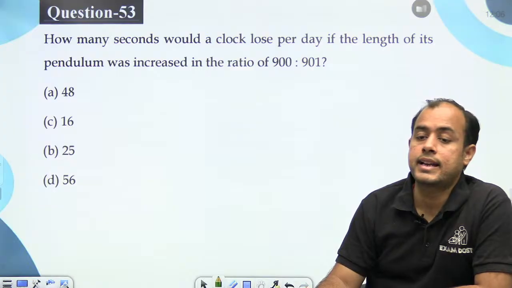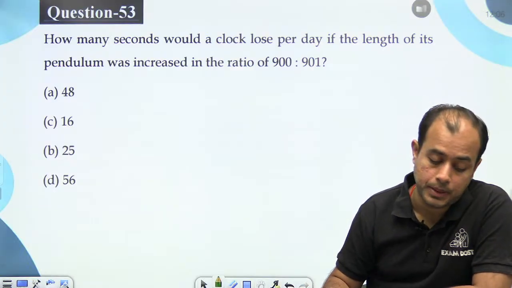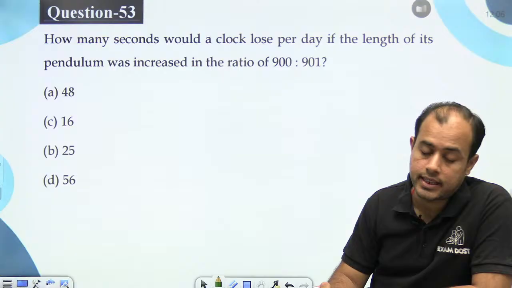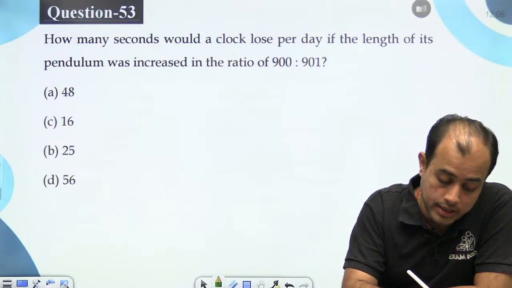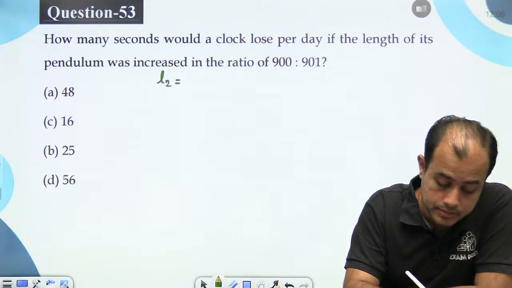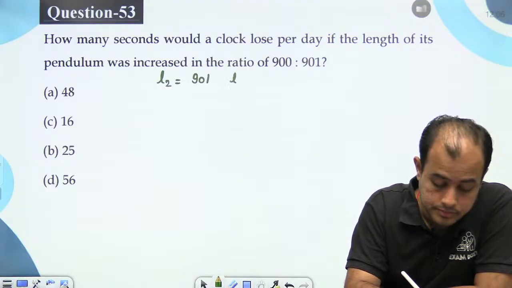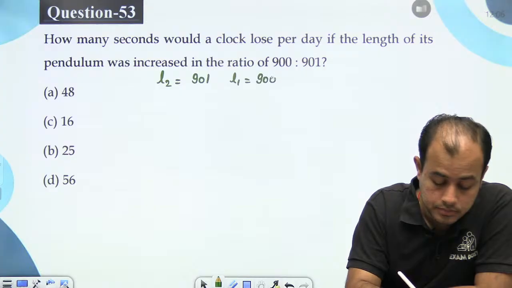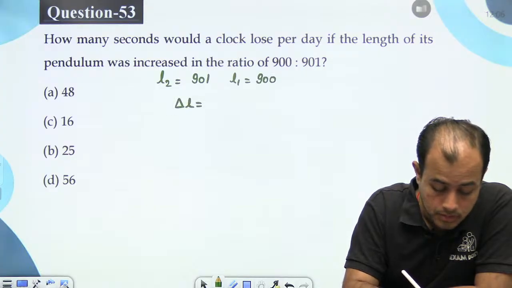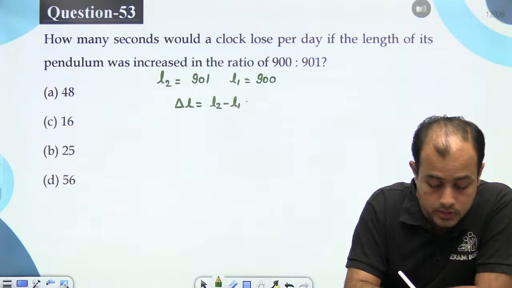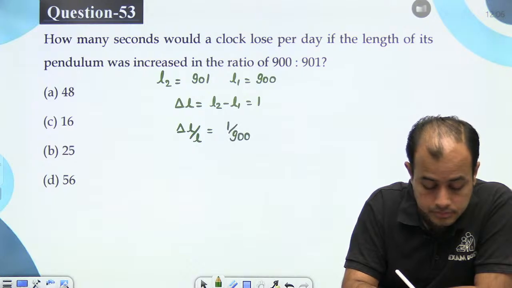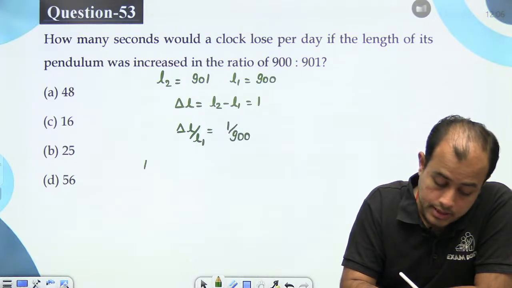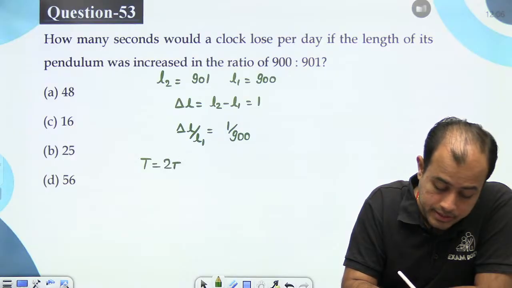Next, how many seconds would a clock lose per day if the length is increased in the ratio 900 to 901? Now understand this. So the length is increased by 1 unit. Now, the time period of a pendulum is this.